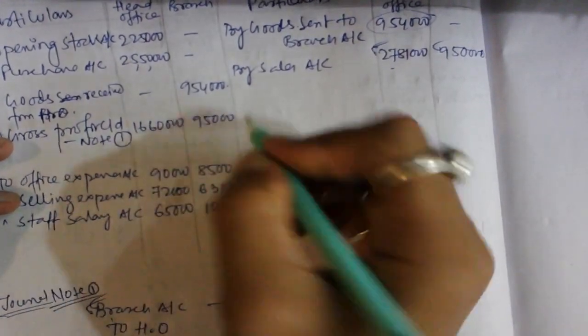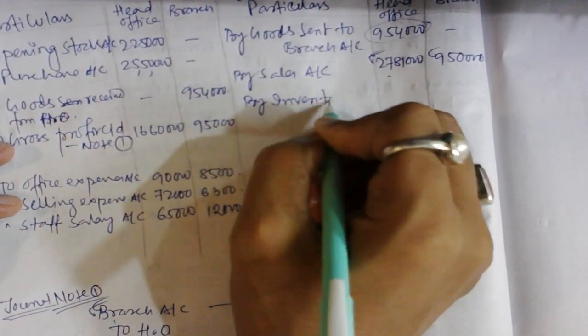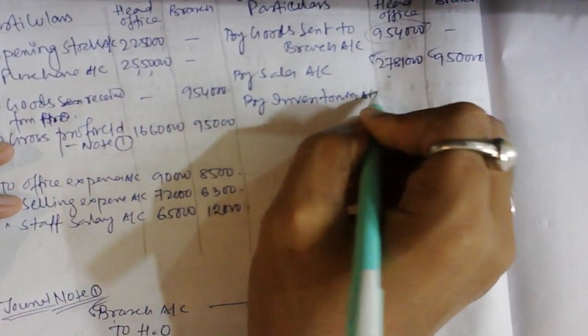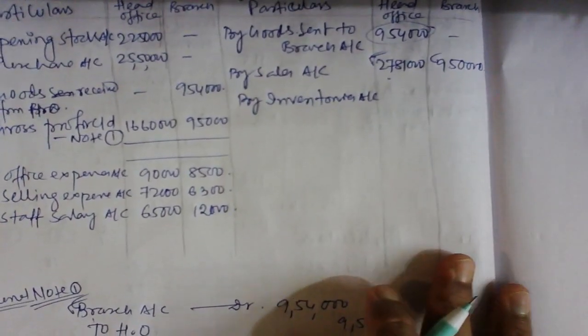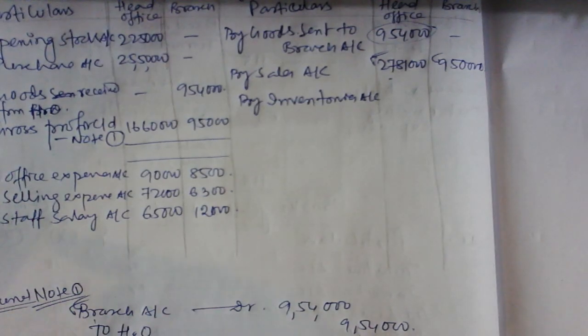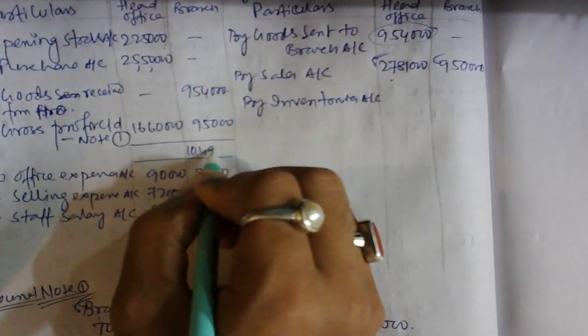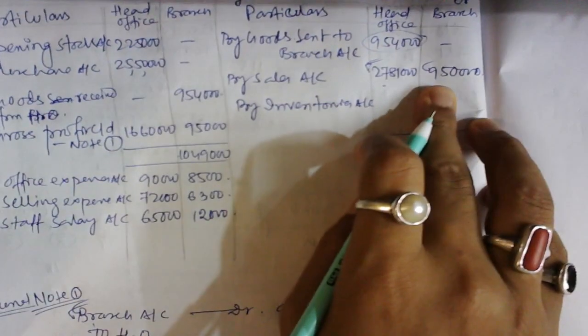Now what we do, I need to calculate the buy inventories, that is the closing stock. Perfect. So please close it first. Close this, see how much it is, 954 plus 95. I am getting a figure of 1,049,000. So 950 is there.